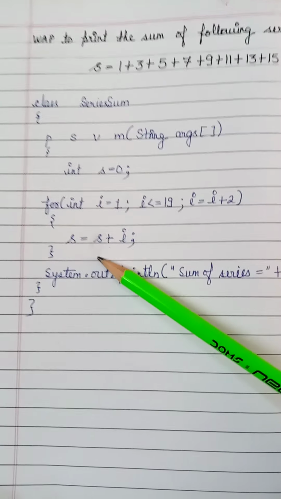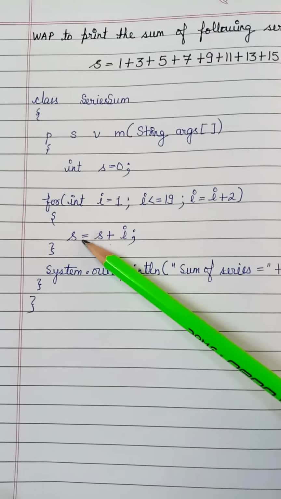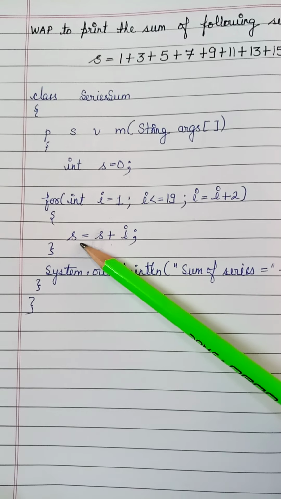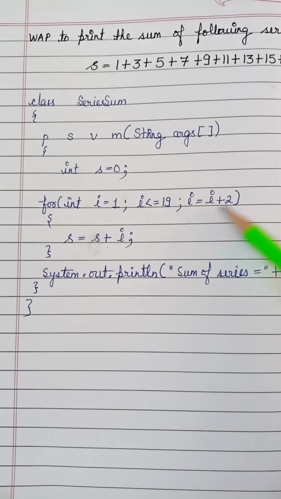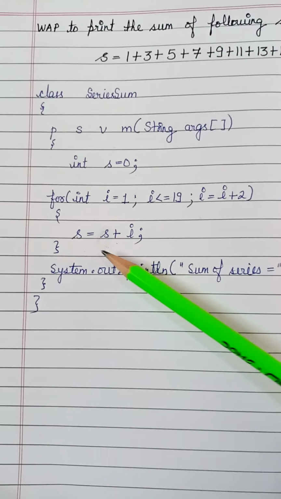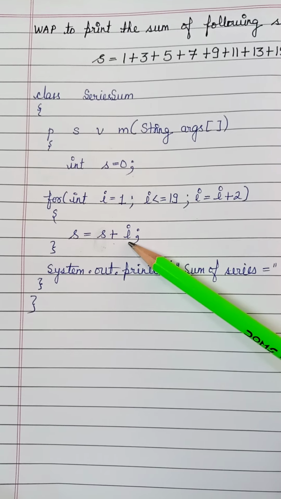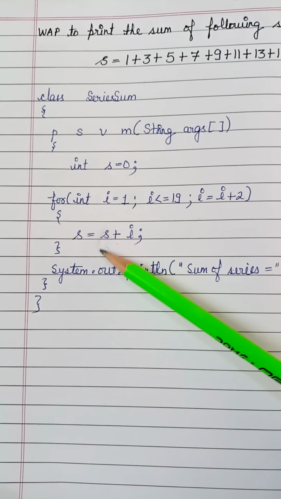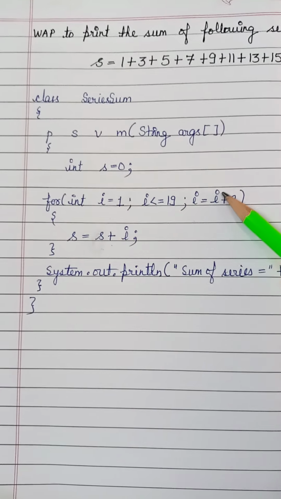So I have initialized it with 0. S plus I, 0 plus 1, S will store 1 the first time the loop executes. Then I will be plus 2, 3. Again the condition is true. Now S is having 1, so 1 plus 3 will be 4. Then 3 plus 2, 5.